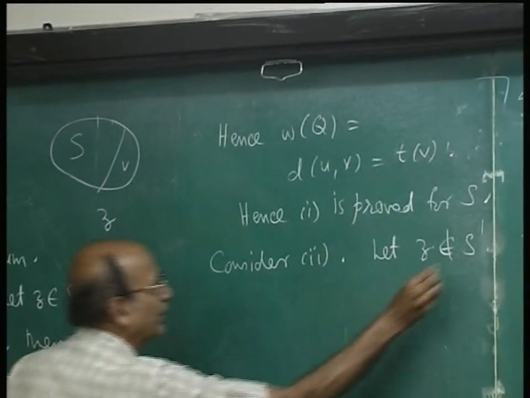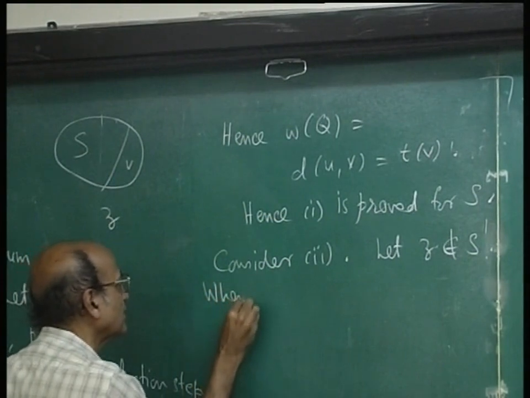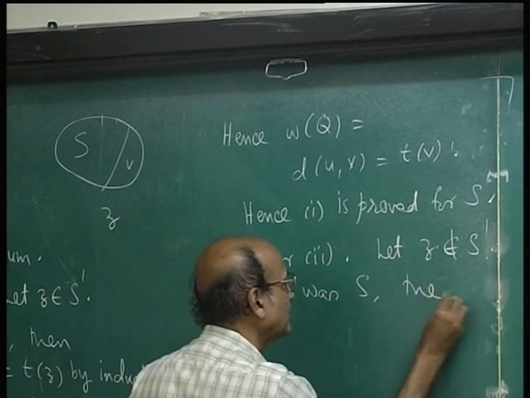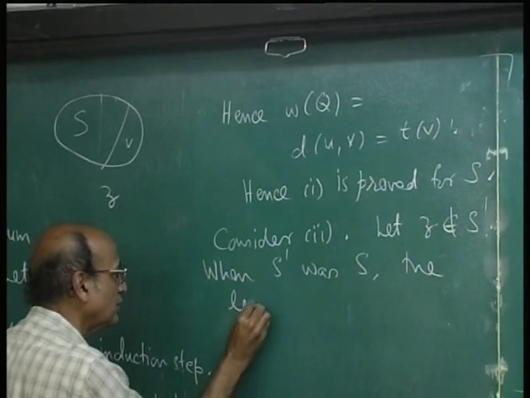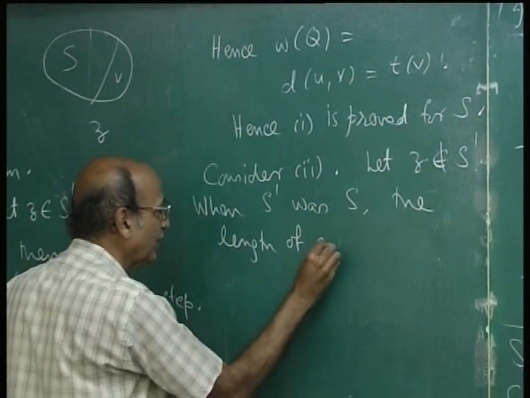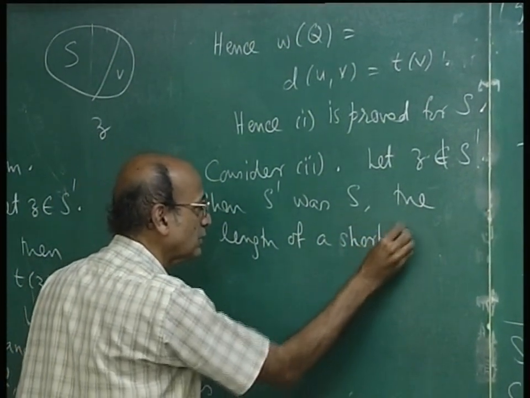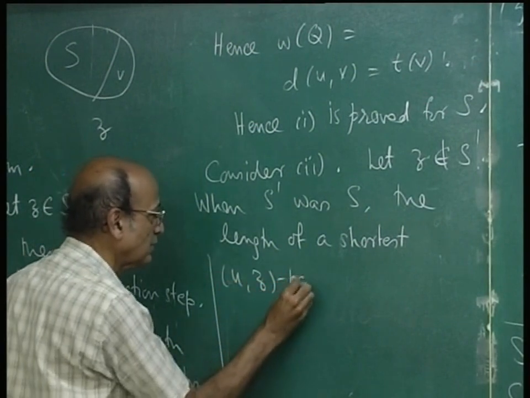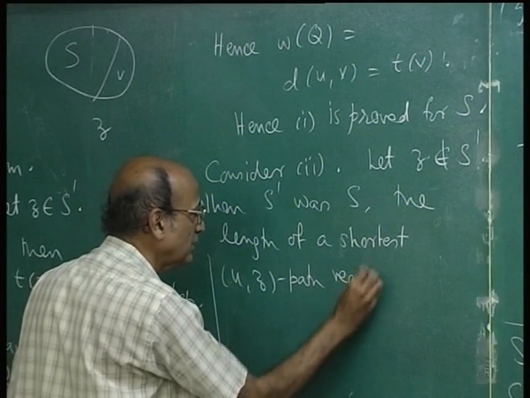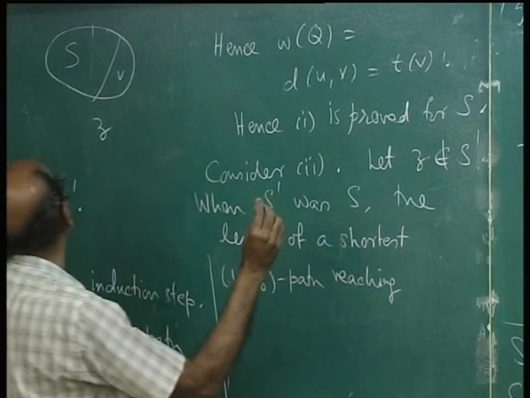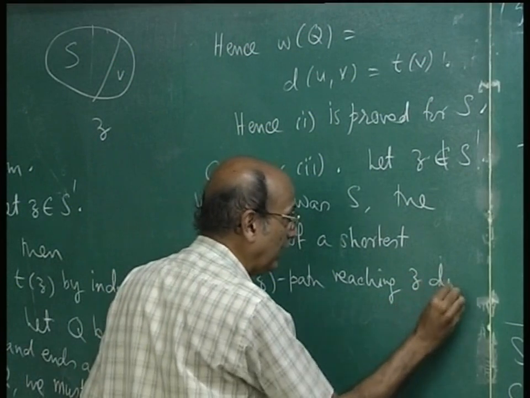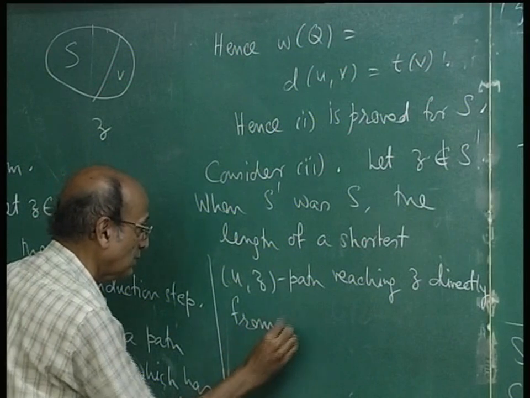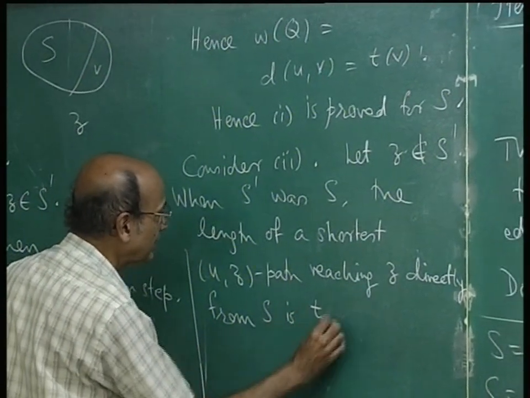Then the length of shortest U to Z path reaching Z directly from S is T of Z.